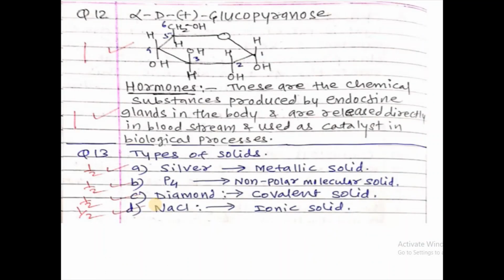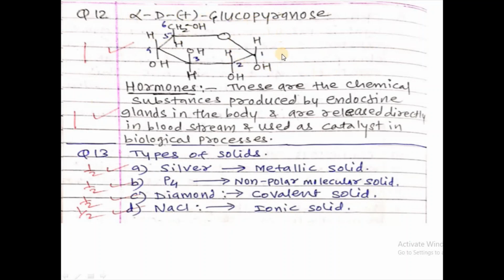Question number 12 is write the structure, that is a Haworth projection formula of alpha D-glucopyranose. I have written here the Haworth projection formula for alpha D-glucopyranose. And what is the difference between alpha D-glucopyranose and beta D-glucopyranose?